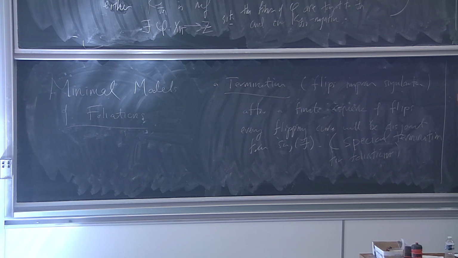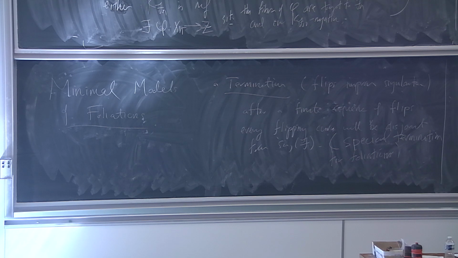But then what you can show is that if a flipping curve is disjoint from Sing F, it's actually K_X negative.